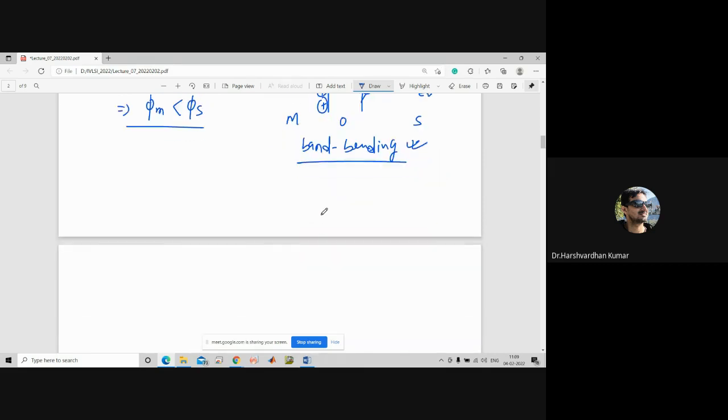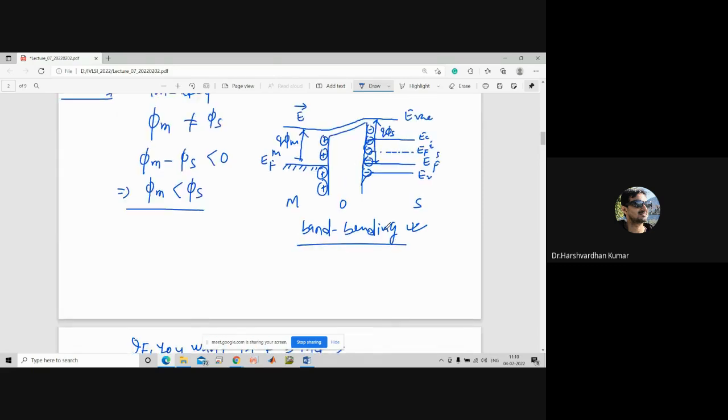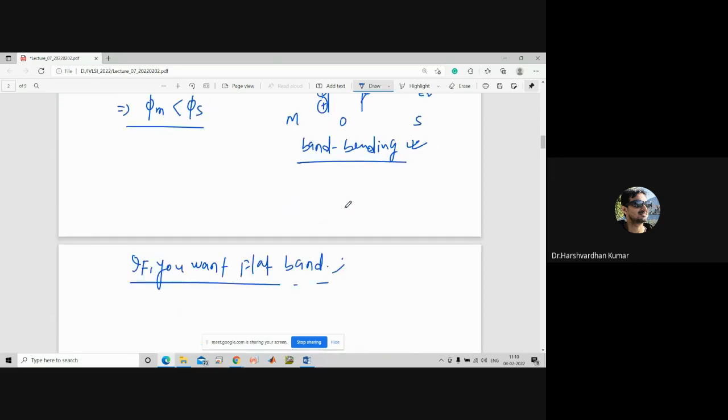If you want a flat band, what we will have to do is apply some potential here. Because of that potential, you will get the flat band. So which type of voltage can we apply here? Negative voltage, right?